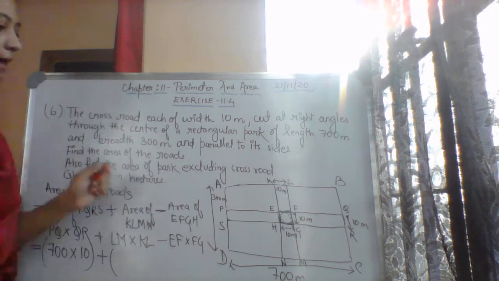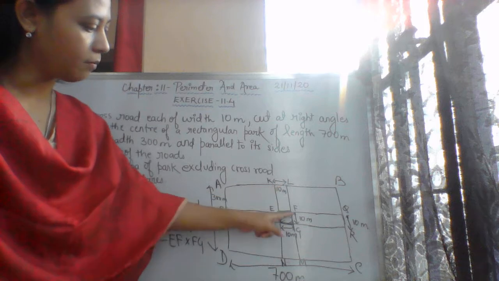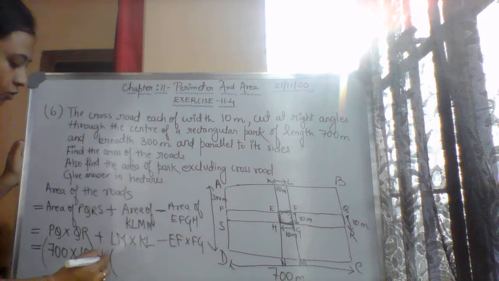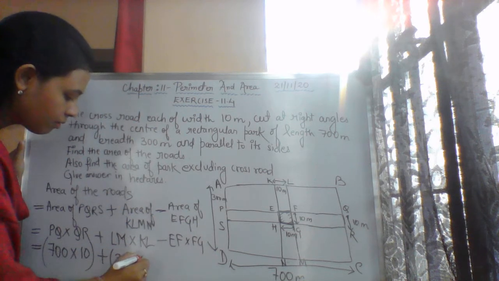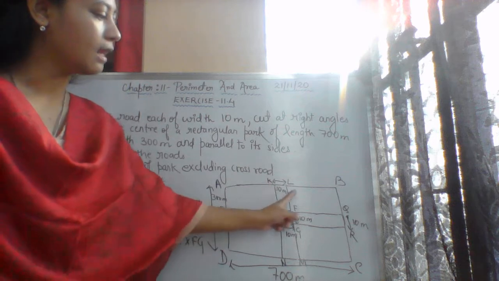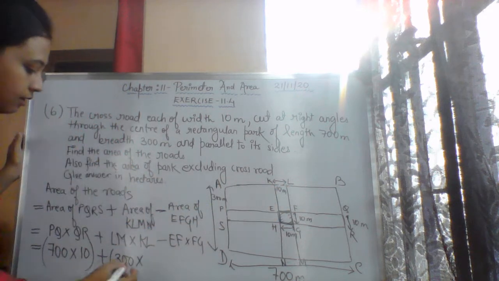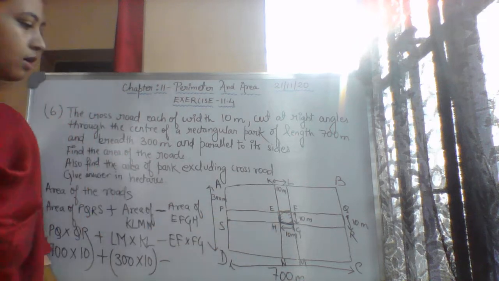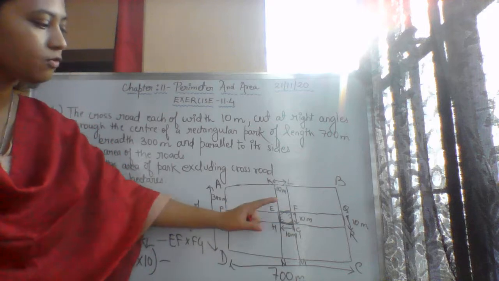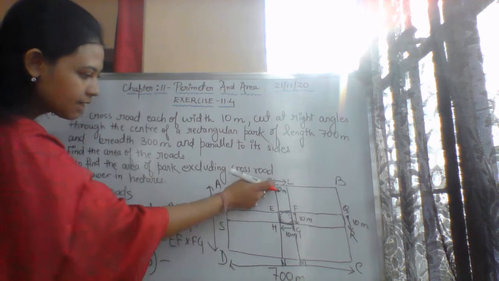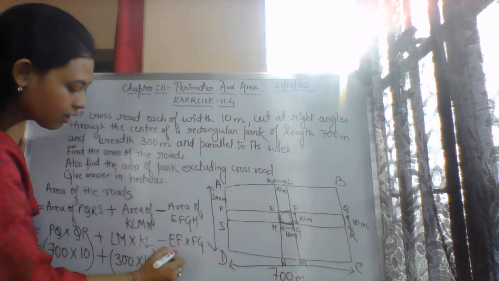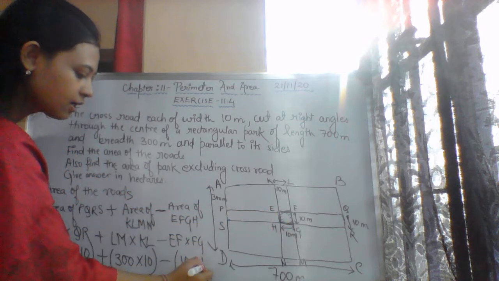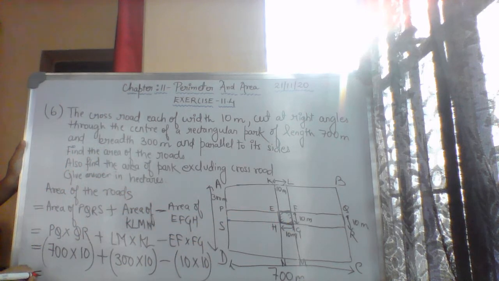Plus LM, which is the breadth of the rectangle, so it will be 300, multiplied by KL. KL is the width, 10. Minus EF: if this is 10, EF is also 10, because it is equal to the width of that road. Multiplied by FG, which is also 10.